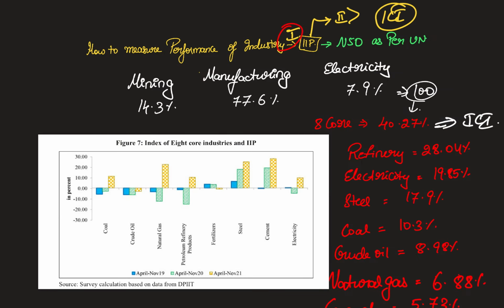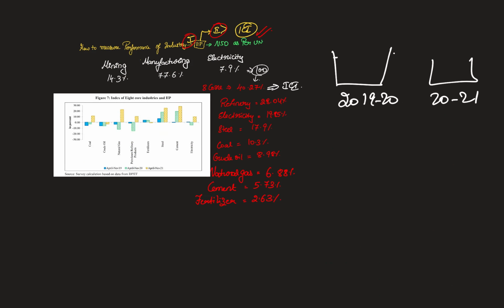There are two metrics to measure how industry performed, and Economic Survey talks about the index of industrial production and the index of 8 core industries. So how do we measure this? Imagine a basket of goods, and in this basket you will be measuring, let's say, some amount of X quantity produced by the industry.